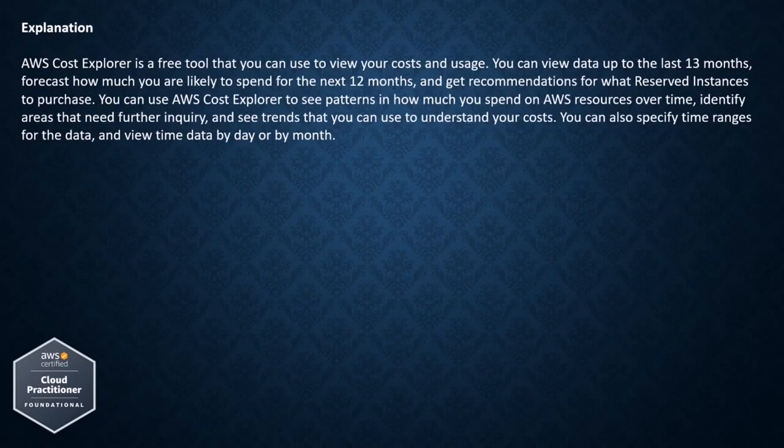You can view data up to the last 13 months, forecast how much you are likely to spend for the next 12 months, and get recommendations for what reserved instances to purchase. You can use AWS Cost Explorer to see patterns in how much you spend on AWS resources over time, identify areas that need further inquiry, and see trends that you can use to understand your costs. You can also specify time ranges for the data, and view time data by day or by month.